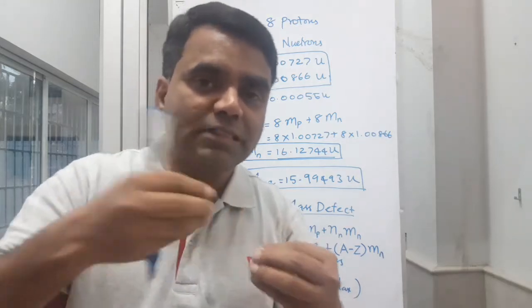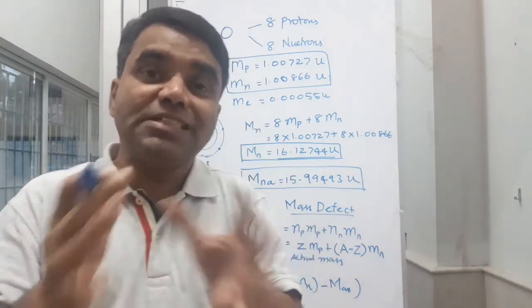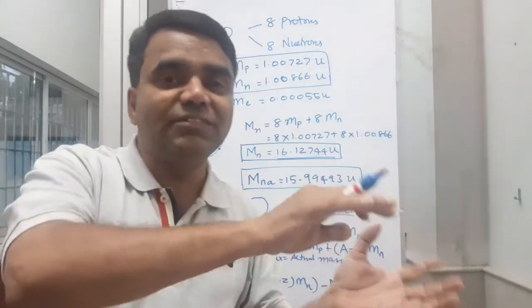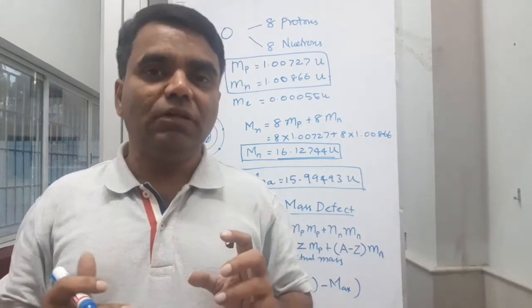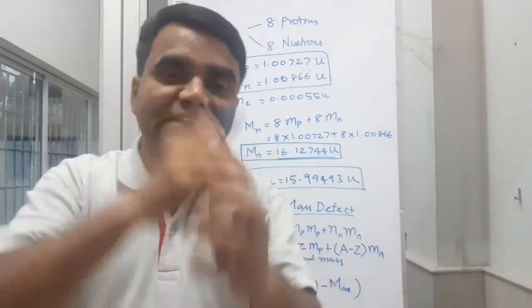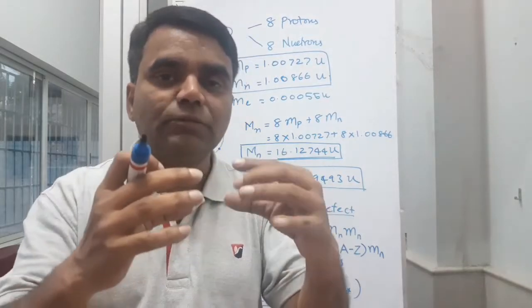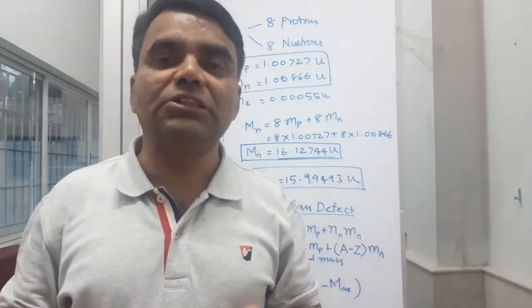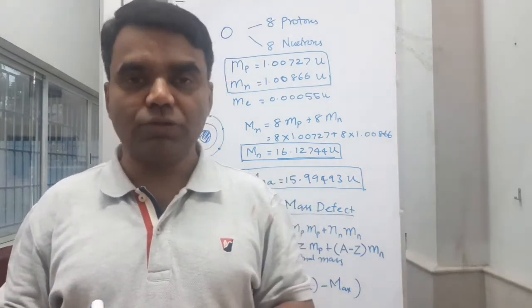You can provide it by giving the missing energy, the energy that was supposed to come out when this was formed. That energy gets converted into the required mass, and this breaks into its constituent parts. Then you get 8 neutrons and 8 protons.